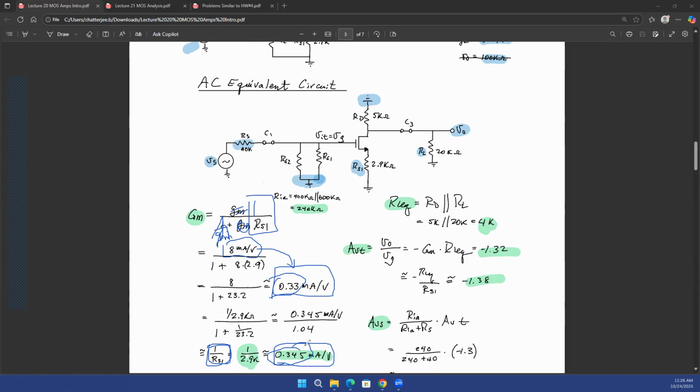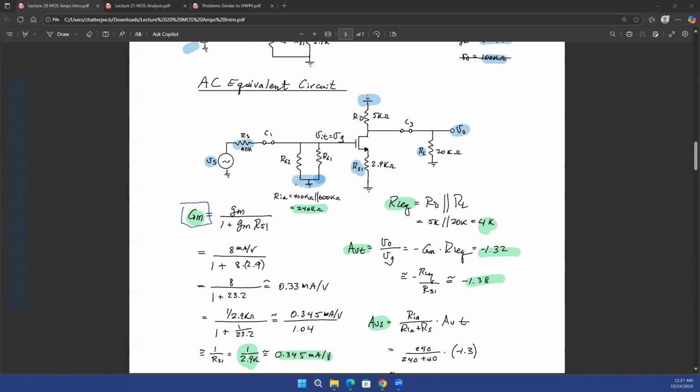So 1 over RS or gm divided by 1 plus gm RS will be almost similar, because the lowercase gm was quite large as compared to 1 over RS. That is the reason why these two values are very similar to each other. All right, so that's just uppercase Gm.